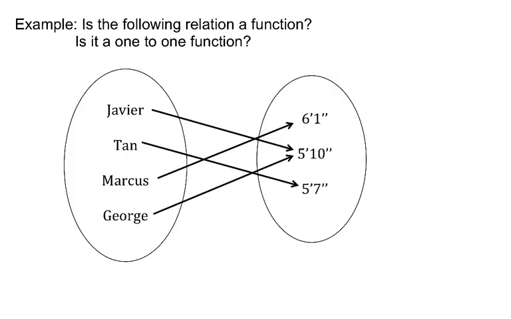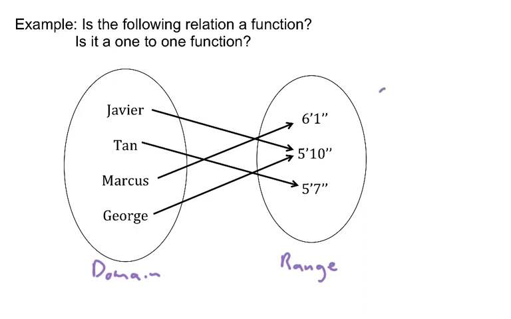Here's a different way to represent a relation as a mapping, where the first circle represents the values of your first coordinate or your domain, and the second circle represents the values of your y-coordinates or your range, and the arrows show which is paired to which.